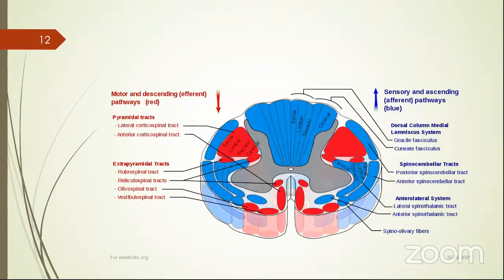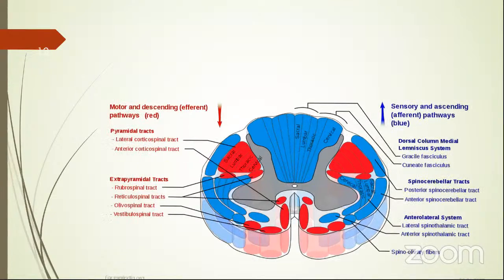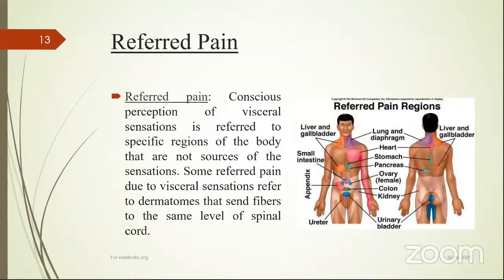Then another thing we have to consider, as physiotherapists, is referred pain. Referred pain is pain from the viscera to the brain. The viscera have segmental representation in the brain. So the brain doesn't know where it comes from, and sometimes it may think it is coming from the dermatome.